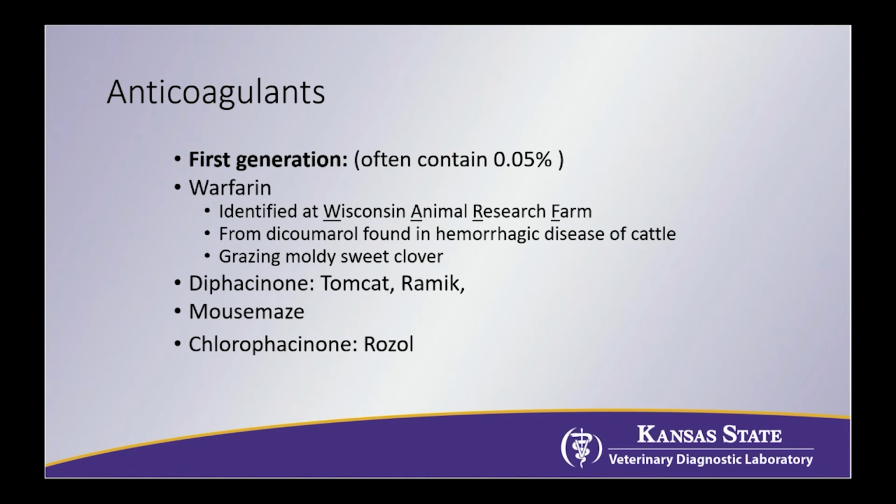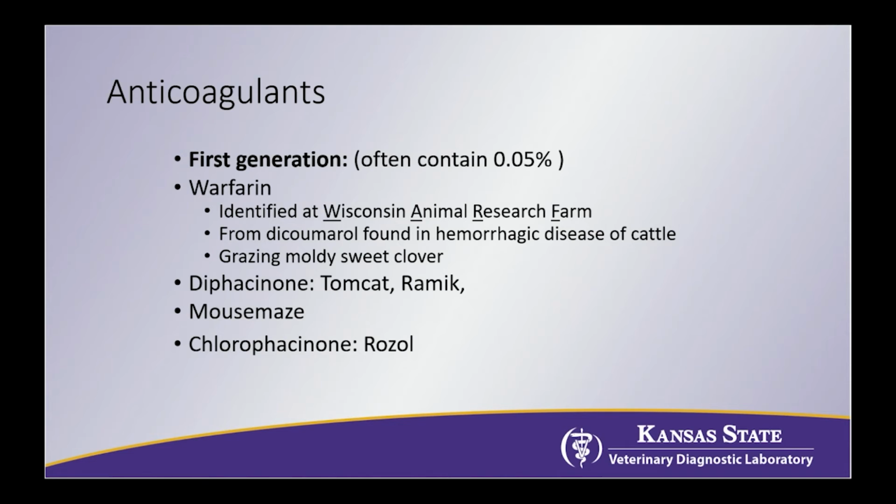Warfarin, so the first generation anticoagulants are still available. The good thing is they're fairly safe. They've got a really short half-life, so they don't cause a lot of problems. Diphacinone, some of the names of these compounds, warfarin, diphacinone, are called Tomcat, Ramik, Mouse Maze.